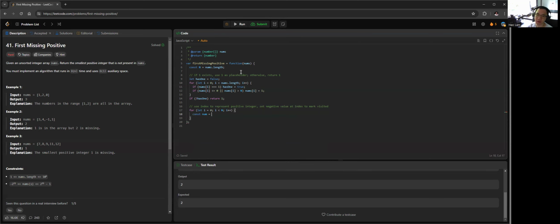We will look at the number. We only look at the absolute value, right? Okay, so if num is equal to n, right, we're gonna set nums at 0. We can use index 0 to represent the length.